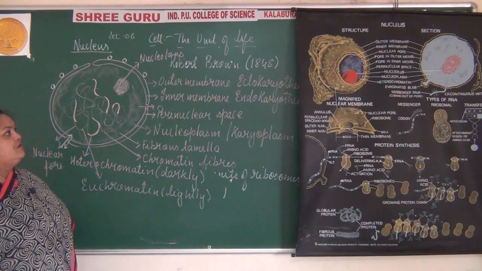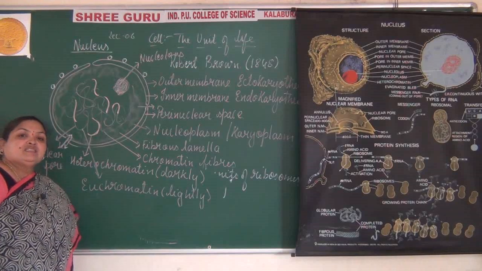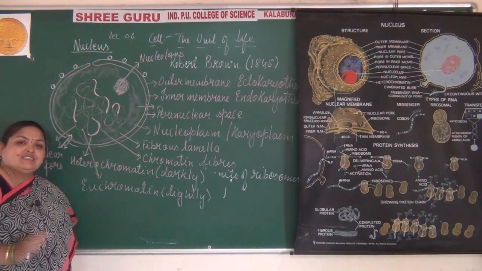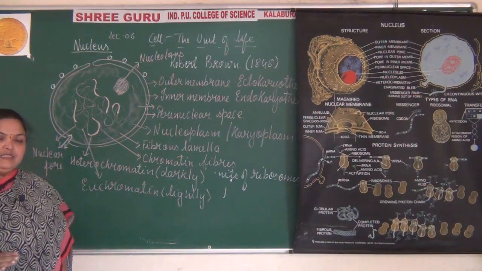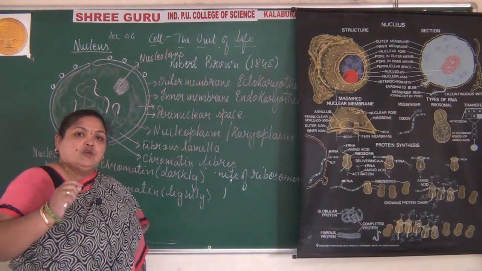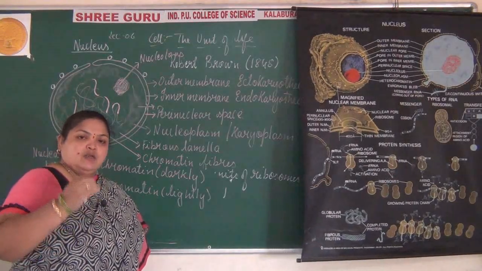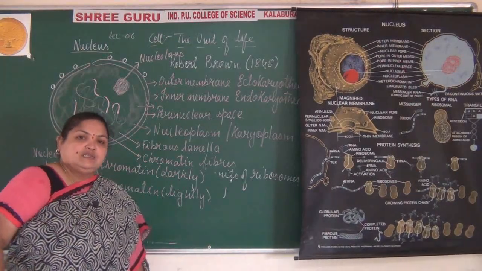The nucleus was discovered in 1848. You can see the nucleus when it is in the state of rest, that is when it is not undergoing cell division. In mitosis there are steps of cell division.